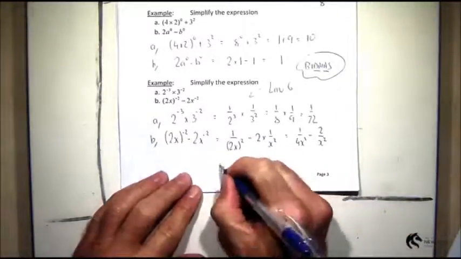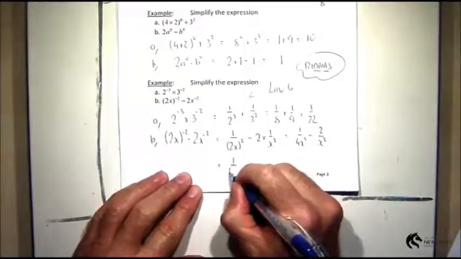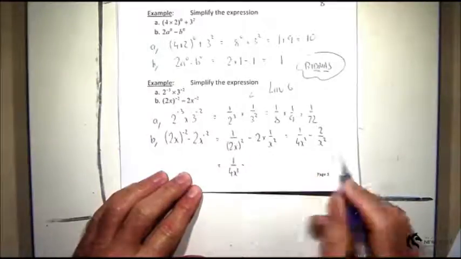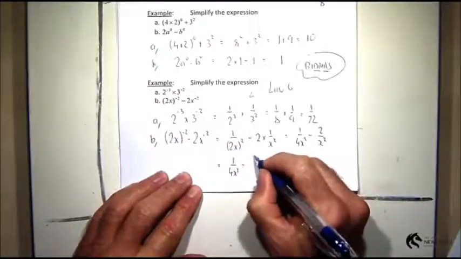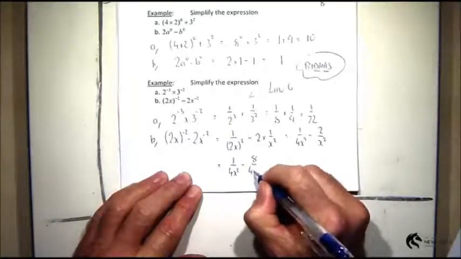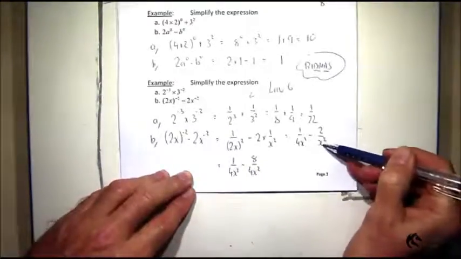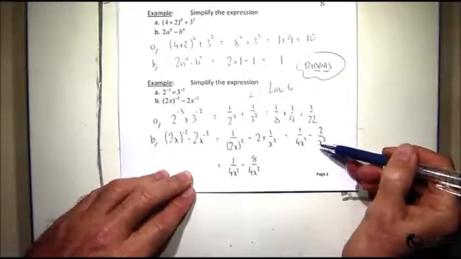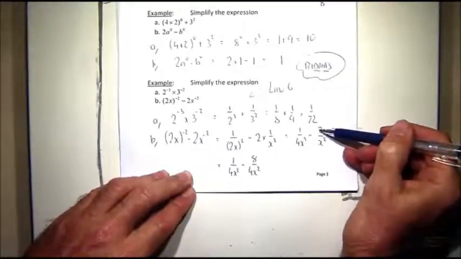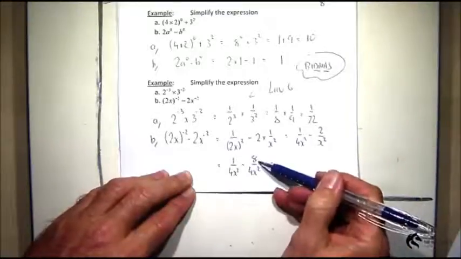So in here I can actually go a little bit further and say, look, that's 1 on 4x squared, and this one will be minus 8 on 4x squared. To make the denominator here 4x squared, I had to multiply by 4, so therefore I had to multiply by 4 in the numerator as well. And 4 2s are 8.